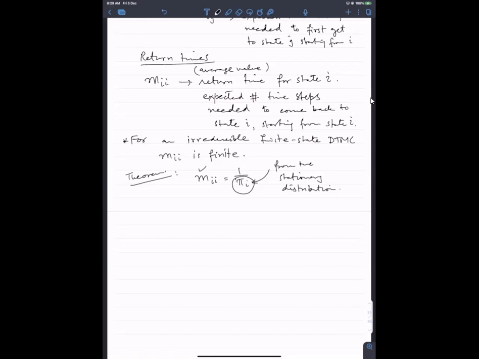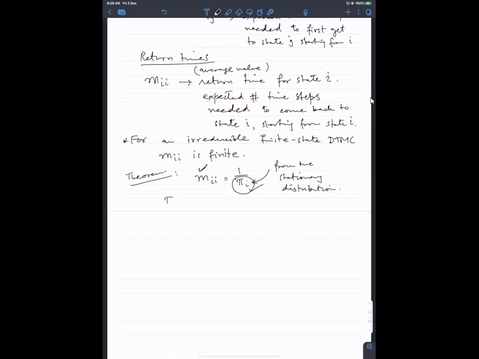If Mii is very small, that means you are coming back to that state very quickly, and that means you are finding yourself in that state very often, which means pi i has to be large. So this is an intuitive kind of expression, but it can be proved mathematically as well.